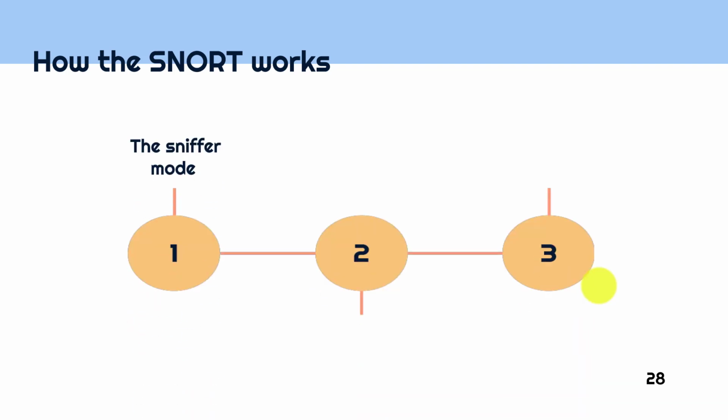Now we see the modes in which Snort works. The first one is the sniffer mode, which simply reads the packets that circulate on the network and displays them continuously on the screen. This consists of listening to the network, typing one or more command lines that will tell Snort what type of results to display.